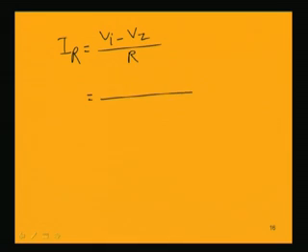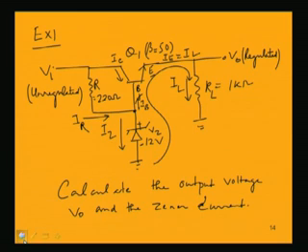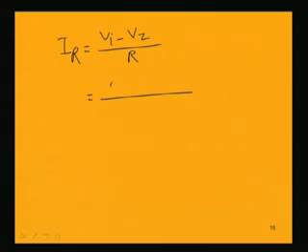What is the current IR? IR is VI minus VZ by R, and VI is given in this circuit. VI is actually 20 volt, the unregulated voltage is 20 volt. So 20 volt minus the Zener diode voltage, which is 12 volt, divided by R. R is 220 ohm.